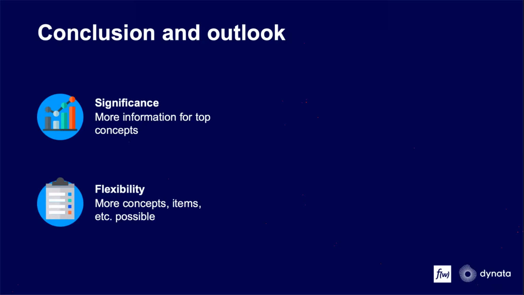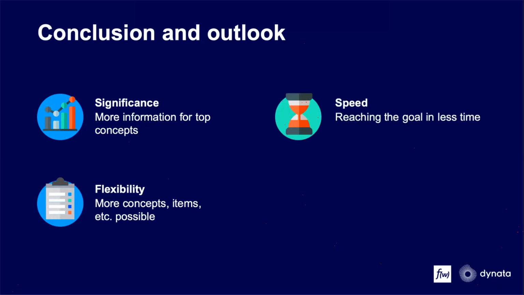More flexibility due to being able to cover more concepts, more names, and could also be items that work here. So beyond the concept test, there's flexibility as well. And on the other route, it can lead to time savings and efficiency with reaching the goal faster. It can make studies feasible, even with hard-to-reach target groups. And it's not limited to our study here, it can be adapted for future specific use cases for your research.